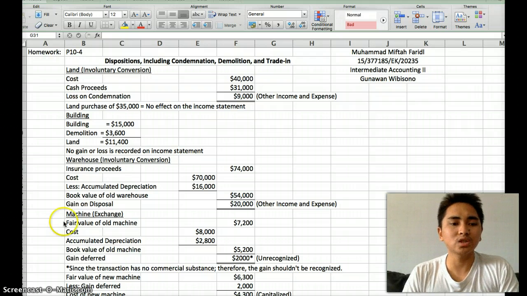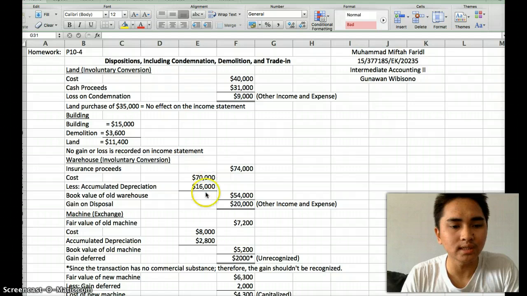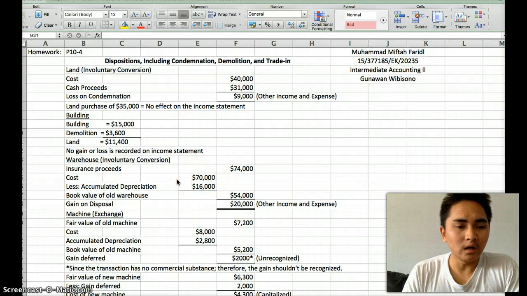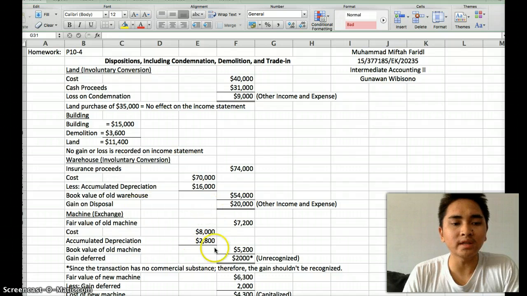The insurance proceed is 74,000, and the cost of the warehouse is 70,000, less accumulated depreciation of 16,000, which gets us to book value of 54,000. In order to get the gain on the disposal, you subtract 54,000 from 74,000, and it gets us to 20,000. And this goes to the other income and expense account.